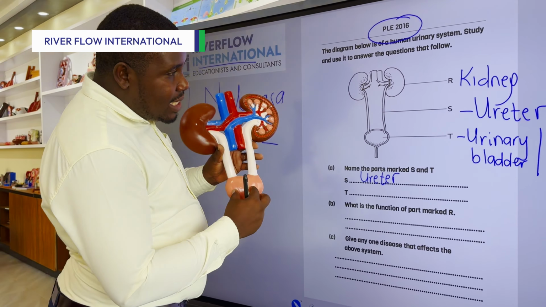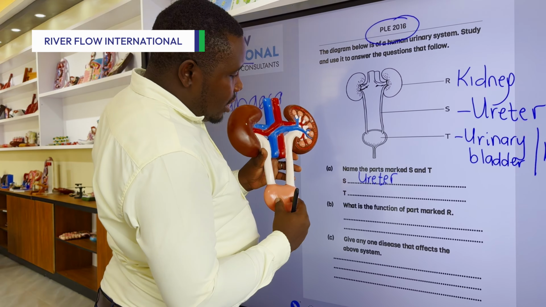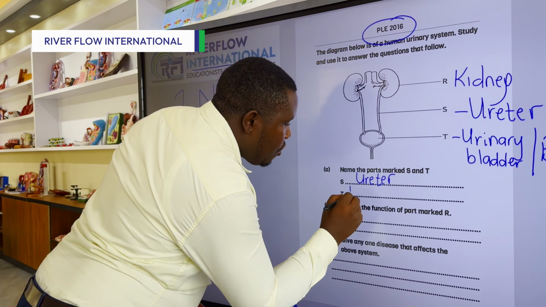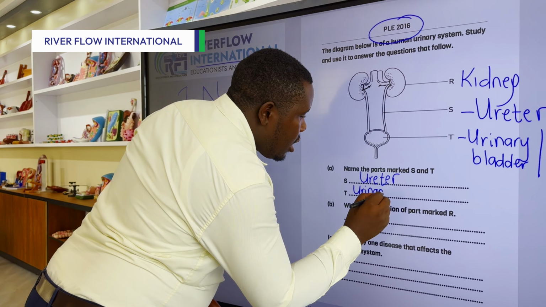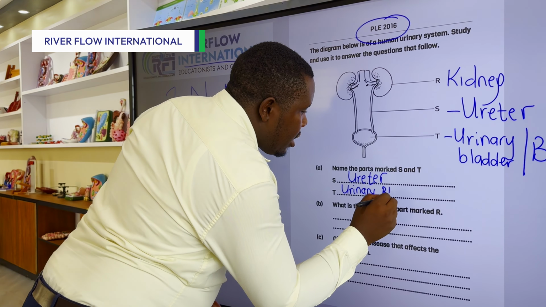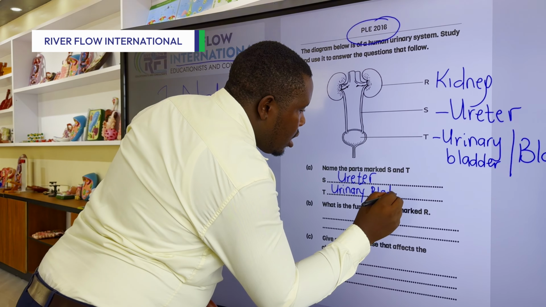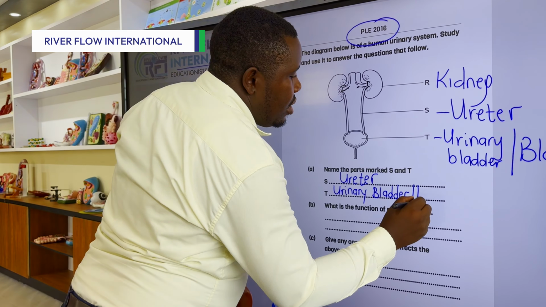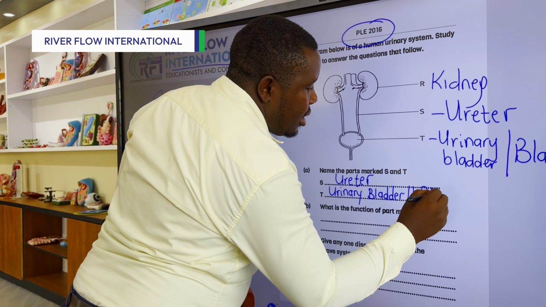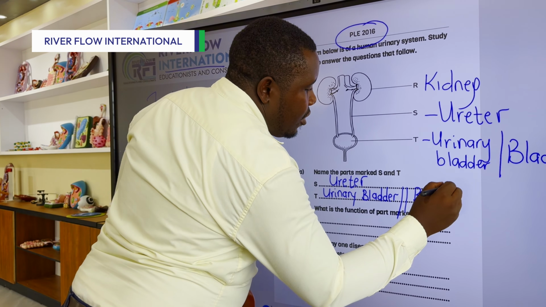Now then T, which is this one, it is actually the one we call a urinary bladder. But like I said, if the learner said bladder, I would mark. I don't know what you think.